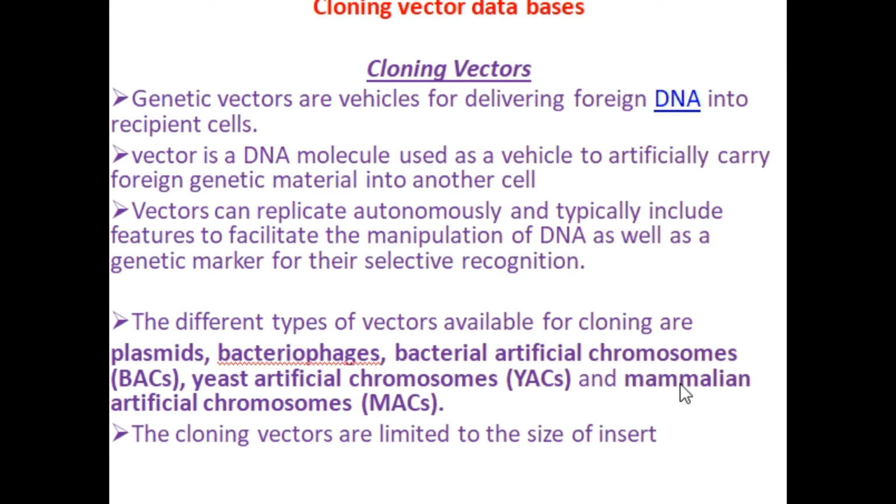The basic character of a vector is that it should replicate autonomously. It has its own origin of replication. Also, cloning vectors are limited by the size of the insert, which means the size of the cloned gene. That may vary from vector to vector.